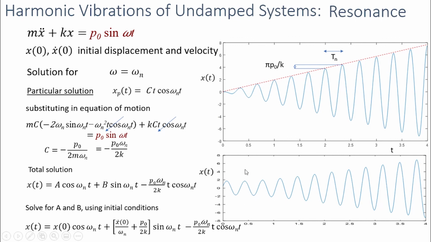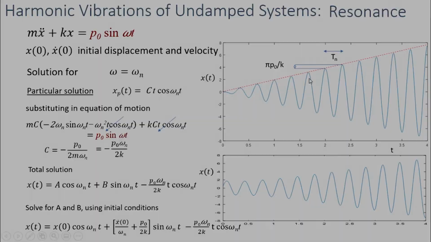This is because of the effect of the initial conditions, and this effect will die out as the time increases. When the time increases, the steady state response will become very prominent, and after some time it increases unboundedly. So here the responses at each cycle will increase similar to this.